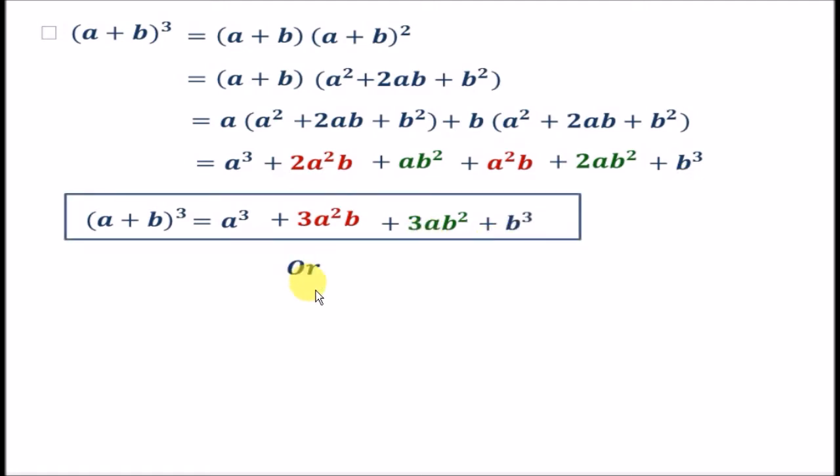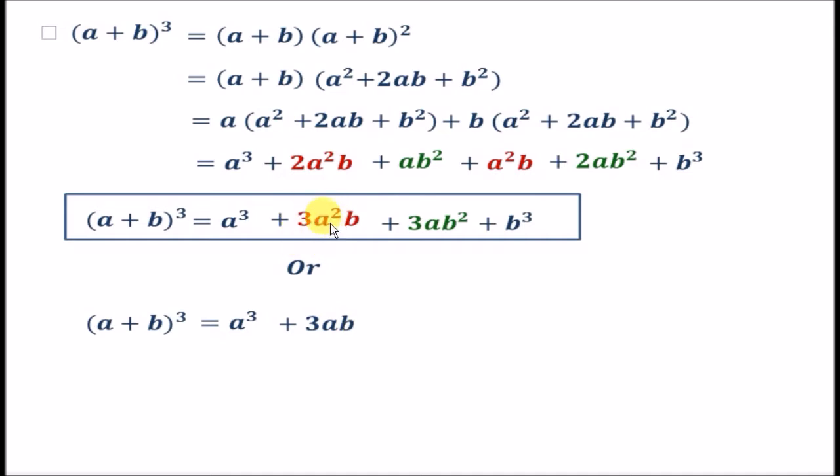Or we can simplify the middle terms to get the identity in a different form as well. So (a + b)³ equals a³, that will remain same. Now from the middle terms, 3, a and b can be taken common. 3 is common. In both the terms we have at least one a, so a can also be taken common, and in both the terms at least one b is common, so b can also be taken common. So 3ab is common.